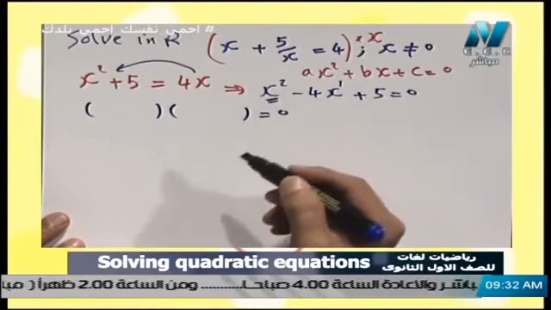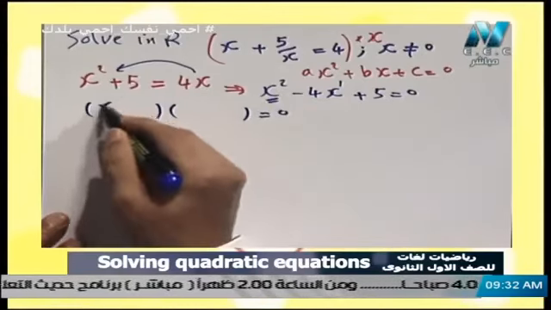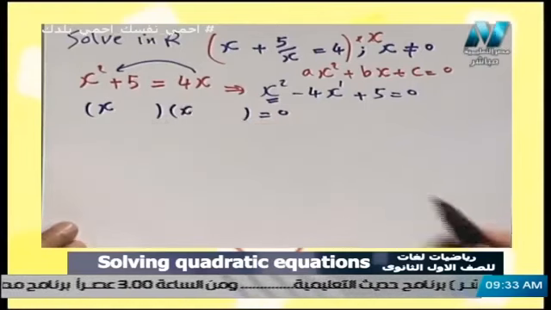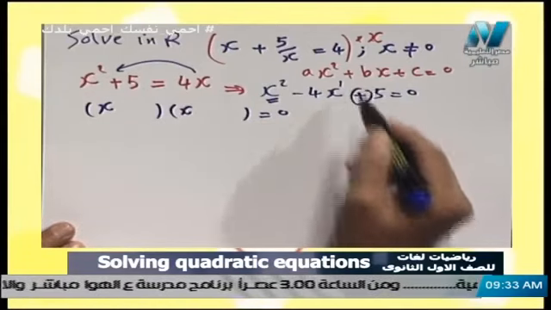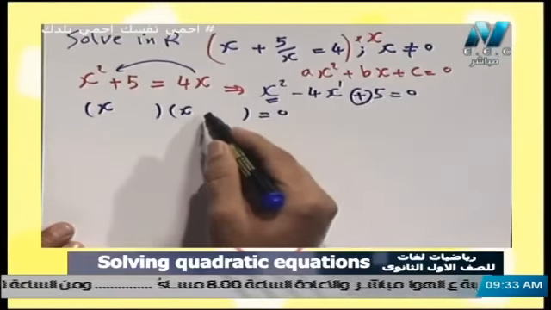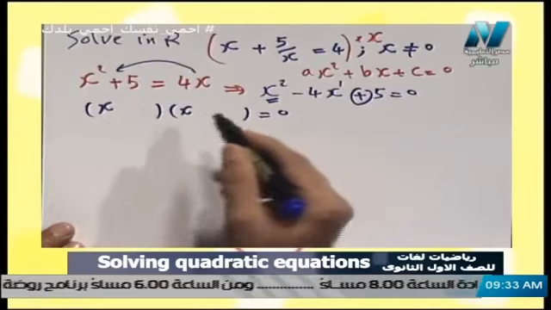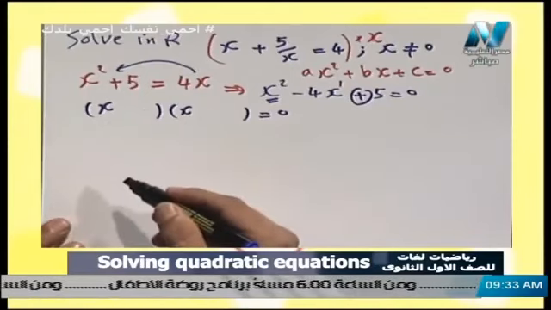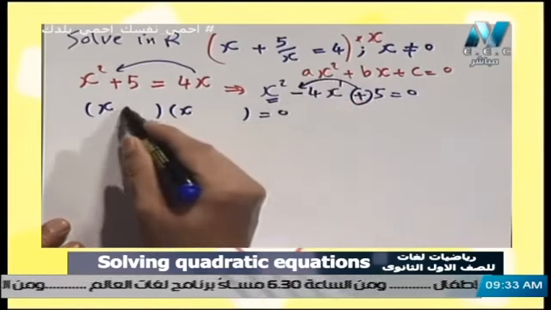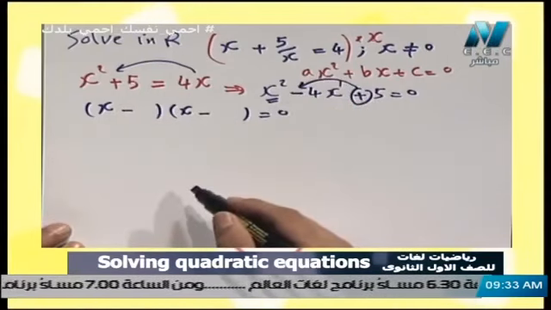We factorize x power 2 here to be x multiplied by x, and we have here positive. Positive means that here positive multiplied by positive, or negative multiplied by negative. Okay, and we sign it by this negative, so the answer will be negative multiplied by negative.